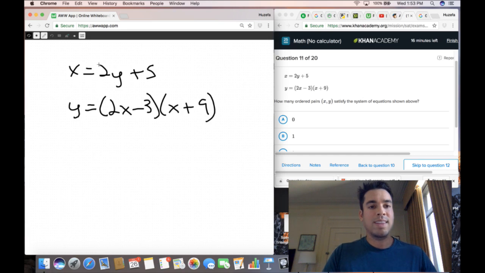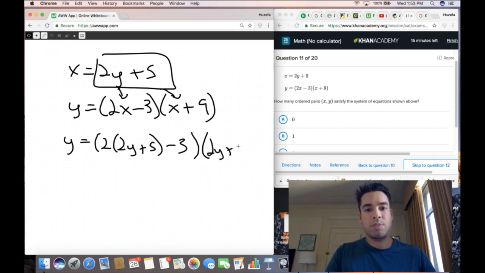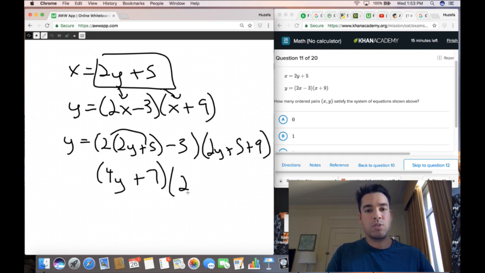All right, so we're going to plug this in right here for x, down here and down here. So we've got y equals 2 times (2y plus 5) squared minus 3 times (2y plus 5) plus 9. Okay, so I'm just replacing the x with those guys. This becomes 4y, and then this becomes 10 minus 3, which is plus 7, times 2y plus 14.